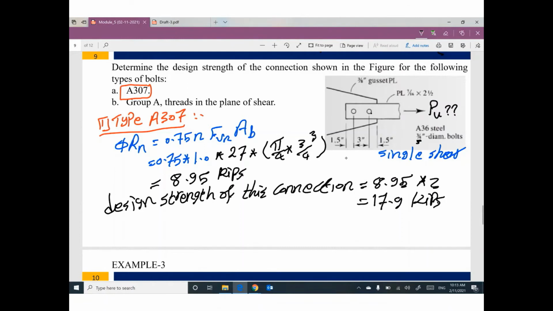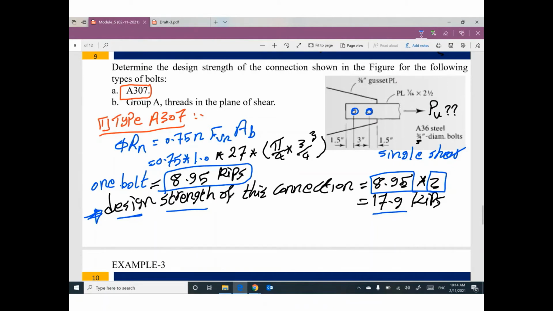Guys, keep in mind, the 8.95 value is the design strength of one bolt, but this value is the design strength of the whole connection, because we have 2 bolts in the connection. I multiplied the design strength of one bolt by 2 to get the design strength of the connection.